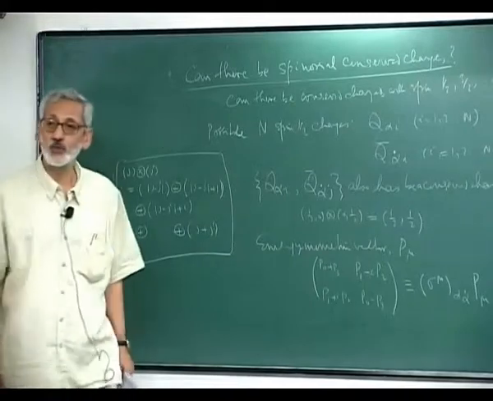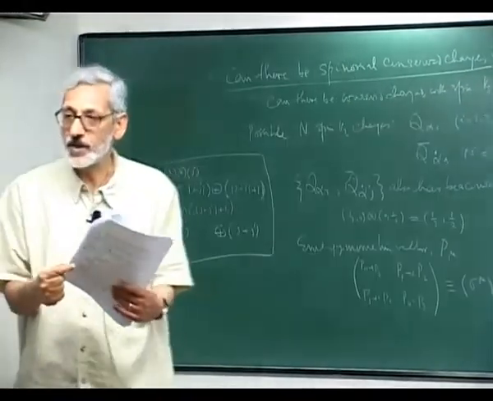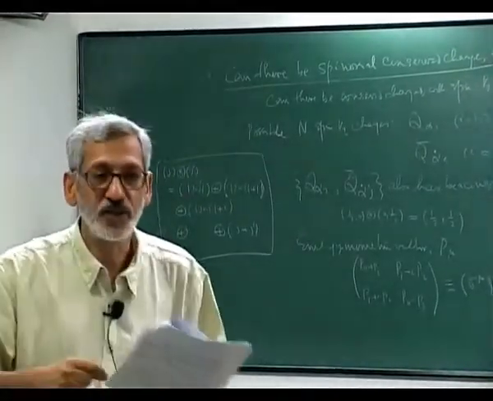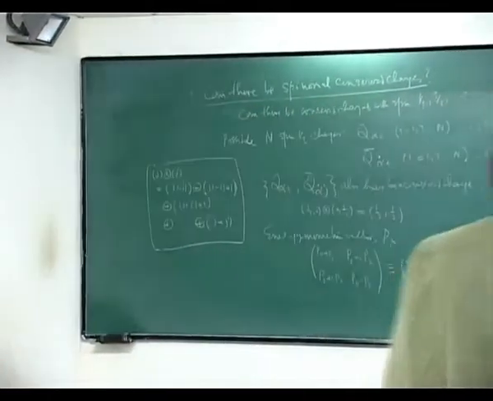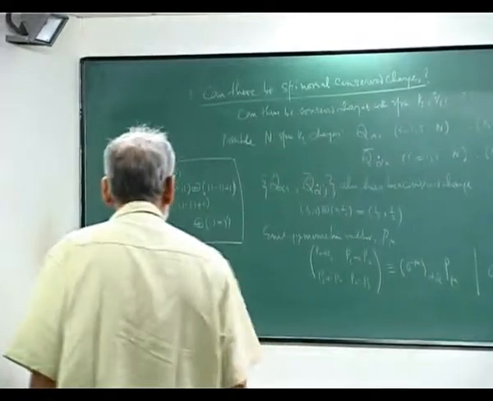This is the composition rule for multiplying 2 spin representations and then reducing them in terms of irreducible representations. So that's what we are applying here.